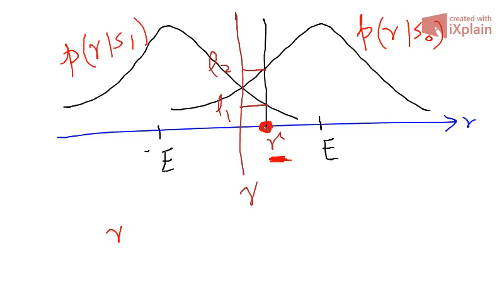So we have these likelihood functions and a received sample value. Now we have two hypotheses about this received sample value.